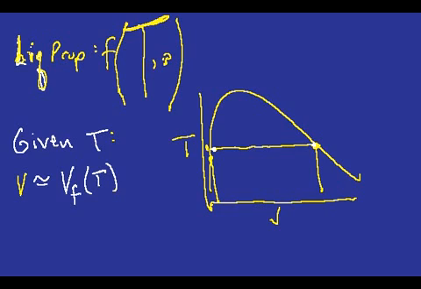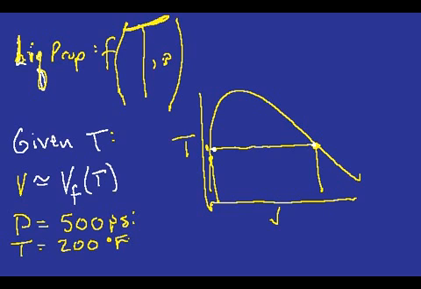So let's take an example. Suppose I told you the pressure of water was equal to, let's say, 500 psi, and the temperature of the water was equal to 200 degrees Fahrenheit.